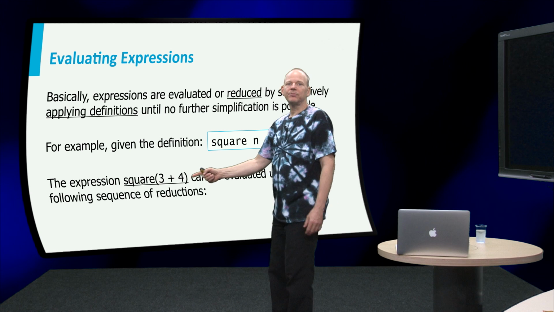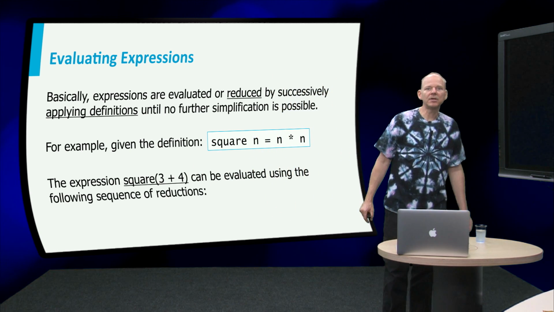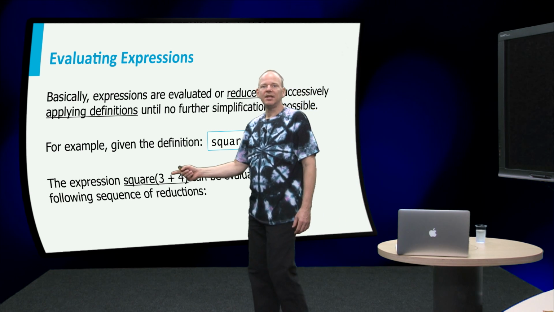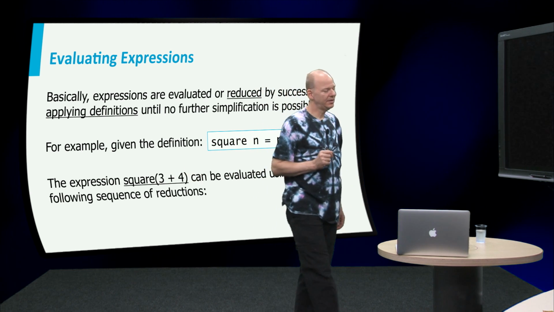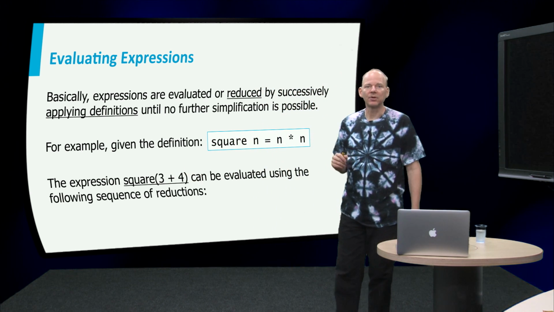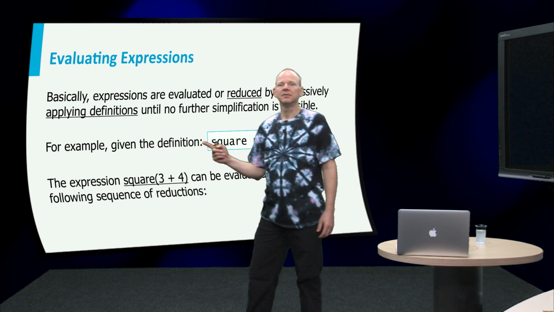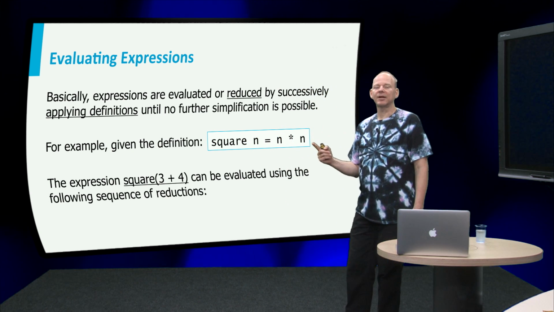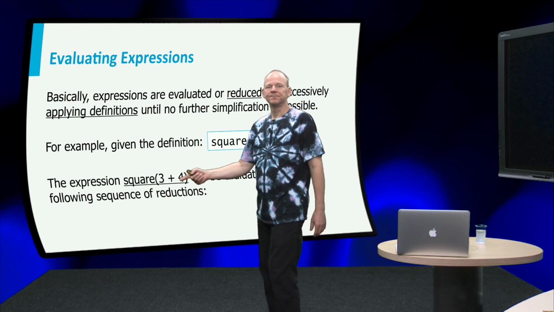Now, if we have an expression like square (3 plus 4), then we can evaluate this in two ways. One is to first evaluate 3 plus 4 to 7, and then we use the definition of square, substitute 7 for n, then we get 7 times 7, and then we evaluate it to get 49.